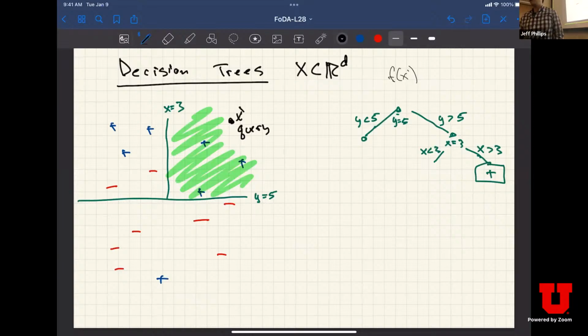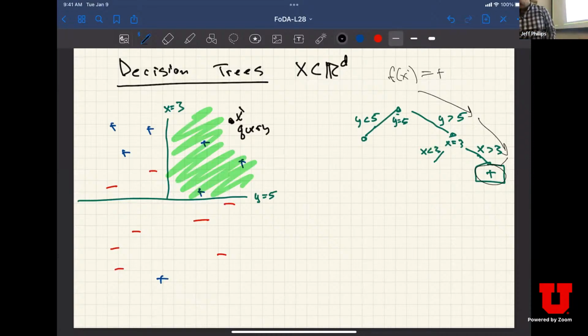It's greater than 5, so it goes down this way. Then is the x value greater or less than 3? It's greater than 3, so I go down here, and I get a plus because I get down to this cell. If I get into this region, I'm going to predict a plus.